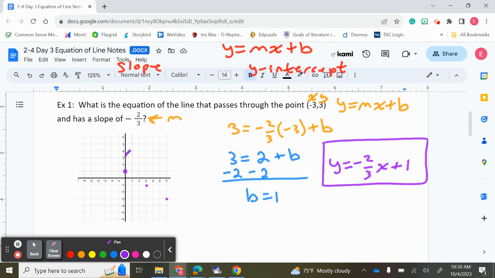I can go up 2 and then to the -3 spots. So that this way I get a very nice line. Any questions on what I did there?